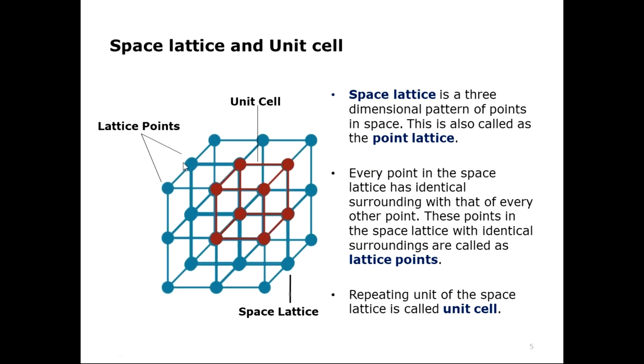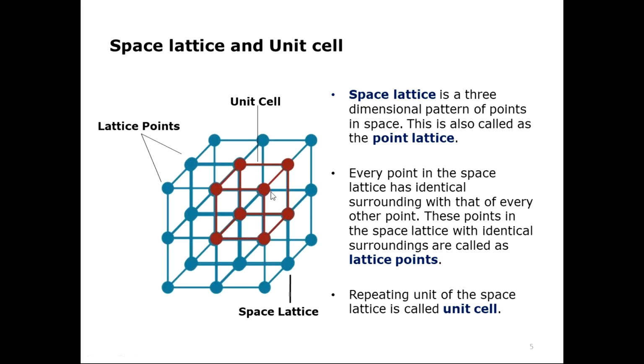Now, these points you call lattice points. Space lattice is nothing but a three-dimensional pattern of points. These are the lattice points in this space, and every point in the space has identical surroundings for every atom.